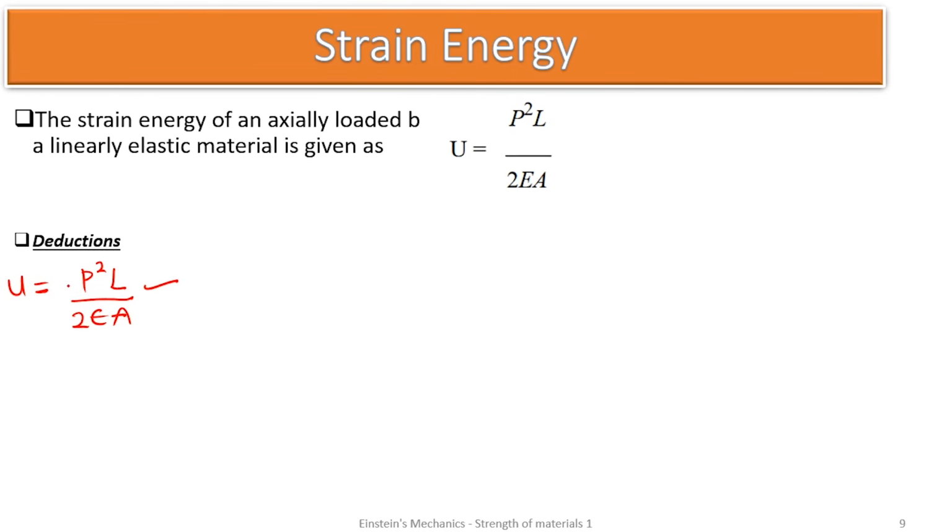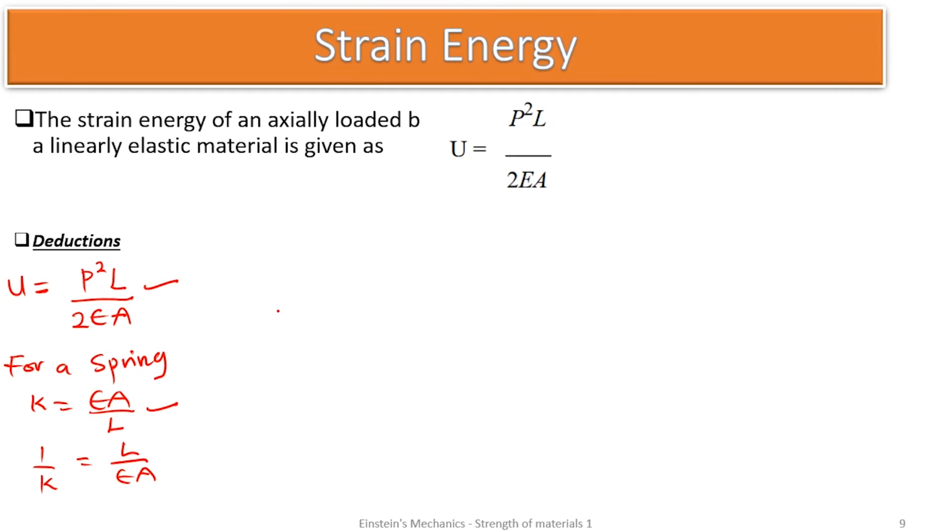What if it is a spring? We can replace it by the constant K. We know that for a spring, the spring constant K is given as EA over L. This is the spring constant. And we can see that we have L on EA. So can we say the inverse of K is L on EA, as compared to this?